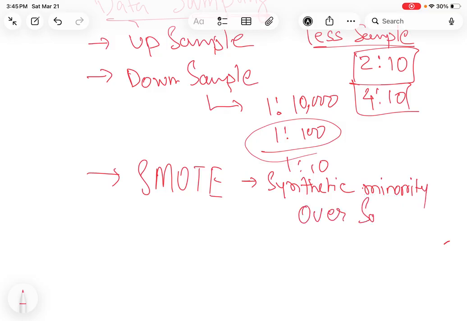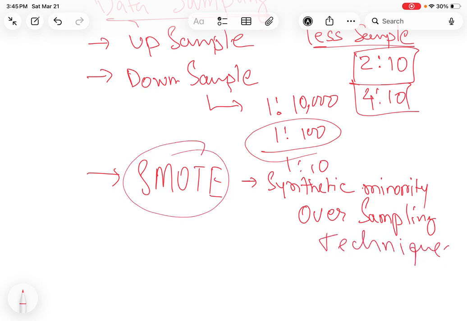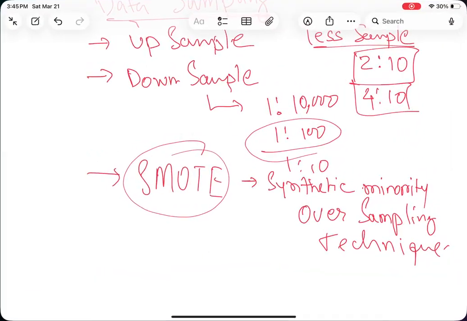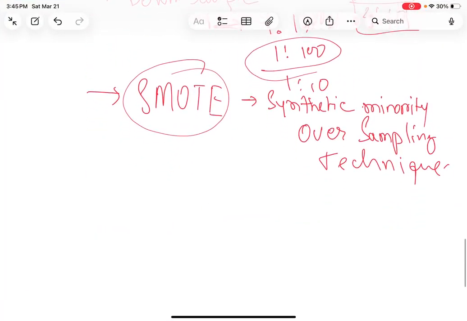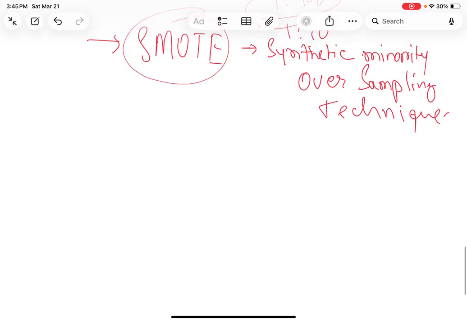Okay, so SMOTE is basically how you generate the data synthetically. So that is basically how it works. Okay, so in this particular area we'll talk about downsampling, because I'll explain to you why.